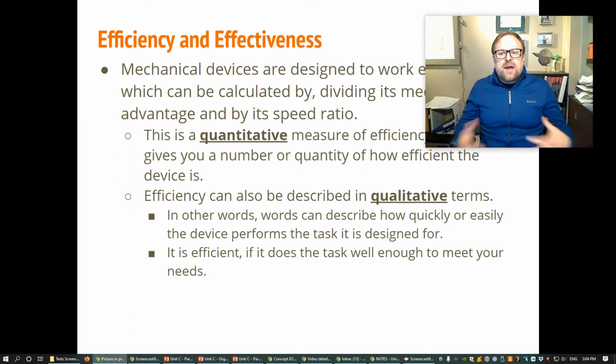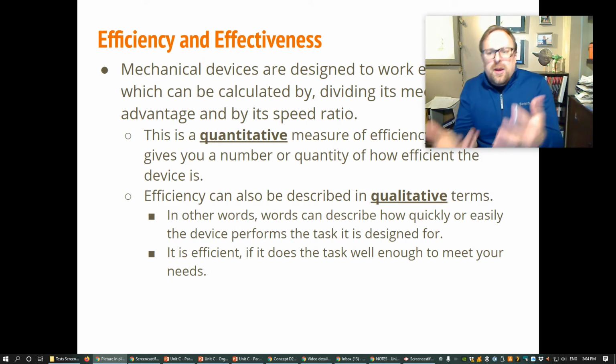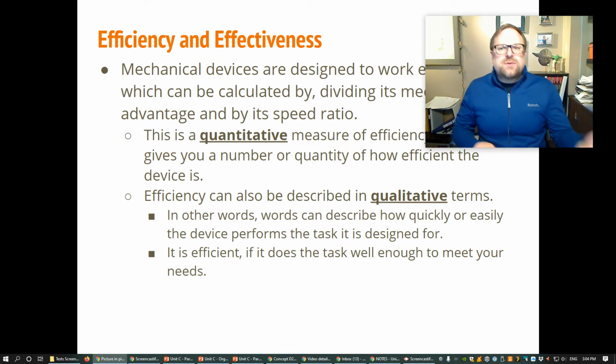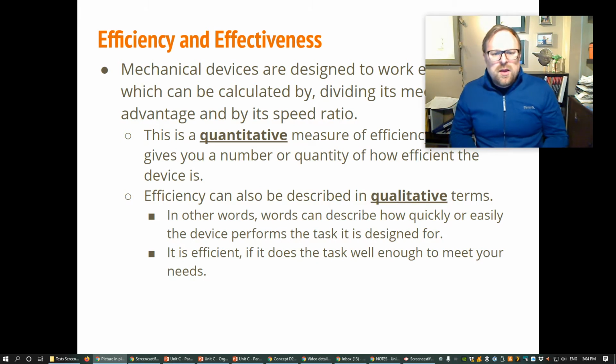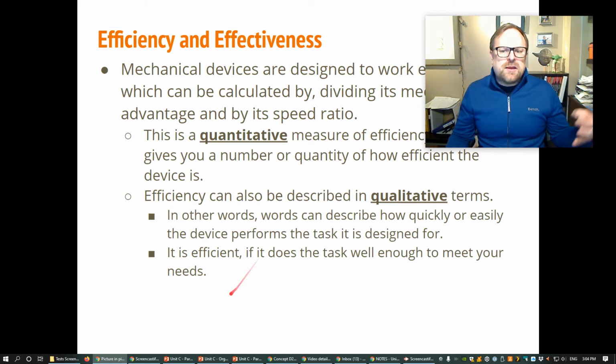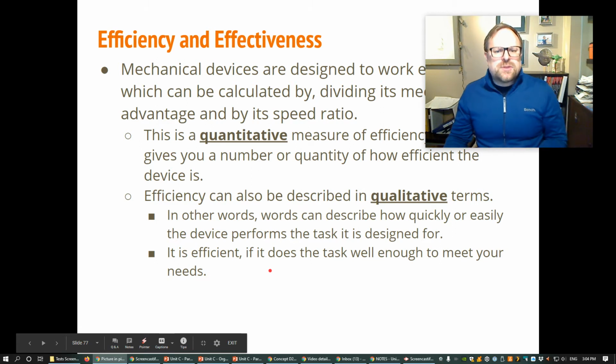That's qualitative. I haven't supplied a number to you, but I've told you how it helped me, right? It made it fast, or it made it easy. Okay. Quantitatively, I might say, yeah, well, it appeared to have a mechanical advantage of 4 or a speed ratio of 6, right? Those are throwing numbers at the situation rather than throwing qualities at the situation. Qualities meaning quickly or easily or something along those lines.